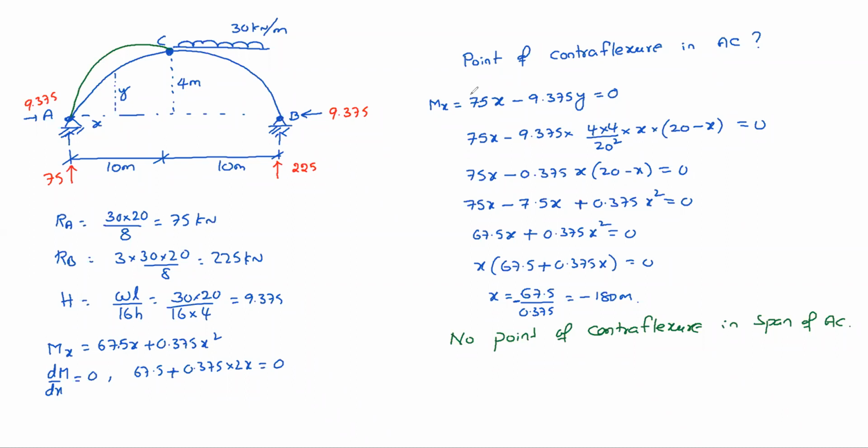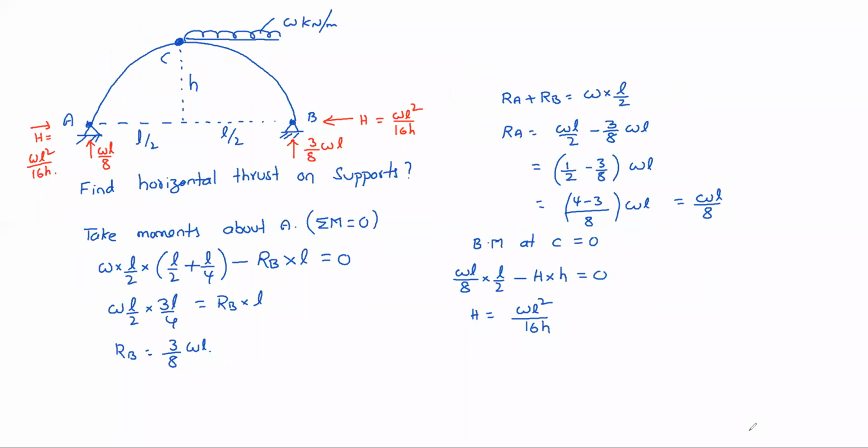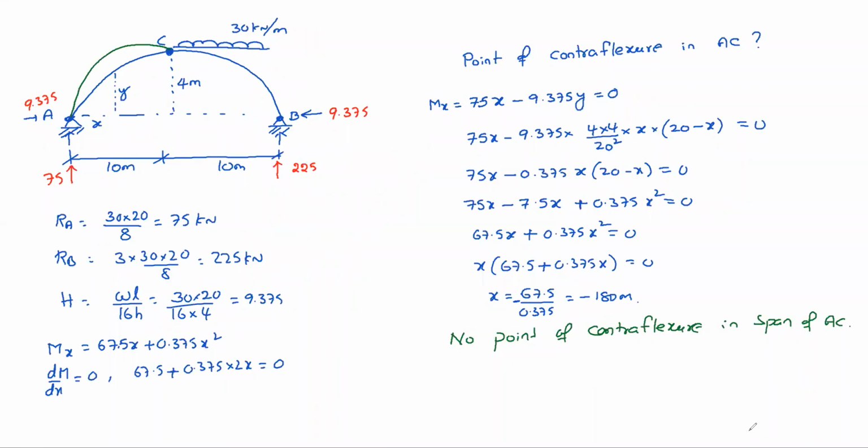Plus something wrong. See the reactions here for the UDL. H is WL square by 16H. WL by 8, that is 3/8 of WL. WL by 8: 30 into L 20 by 8, 75, correct. 225, correct.